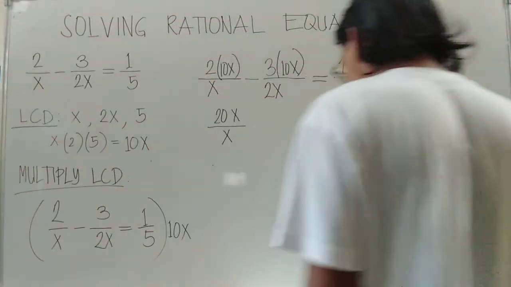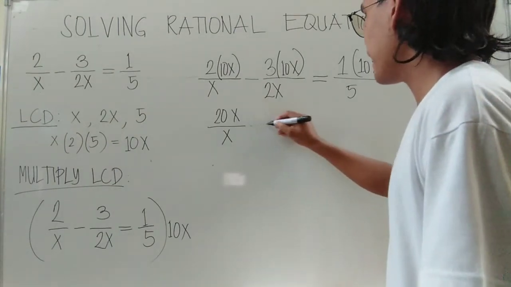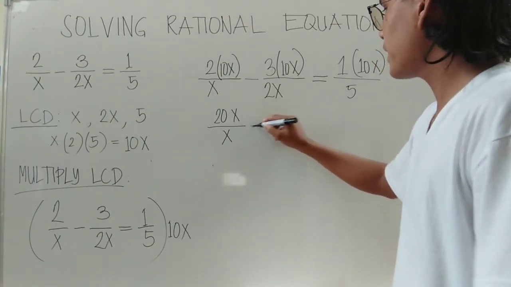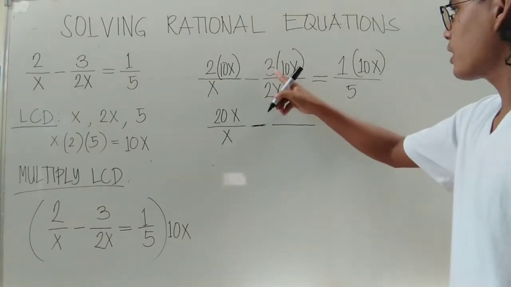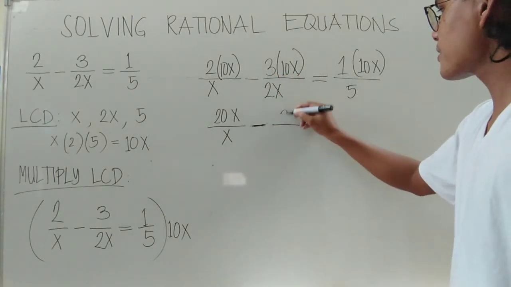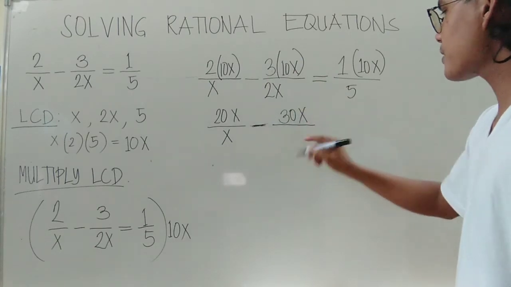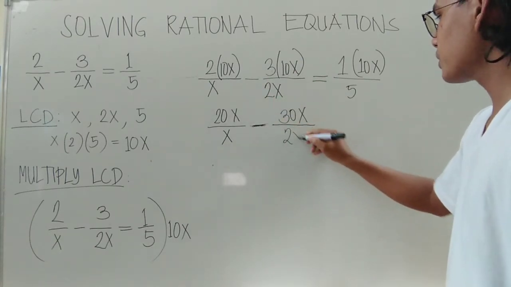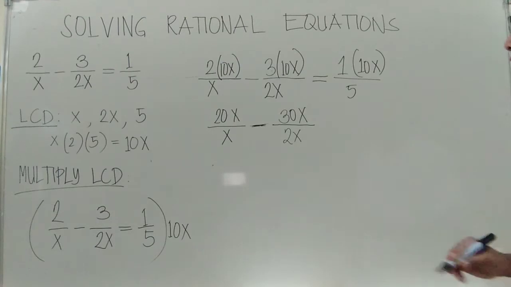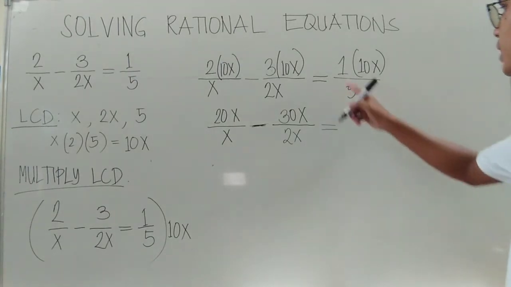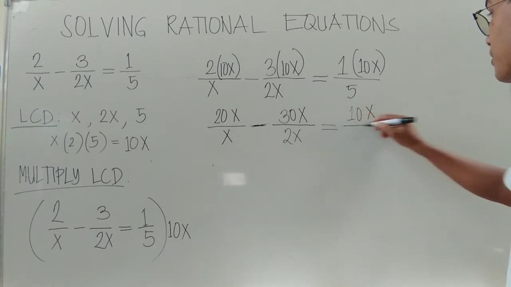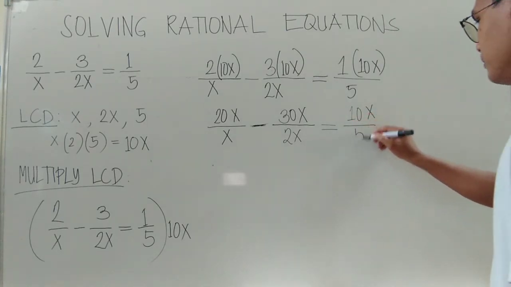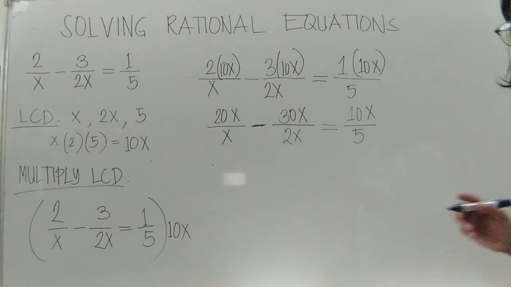Then copying your minus sign, 3 times 10x gives you 30x, then copy your denominator 2x. Then we have 1 times 10x, so we have 10x over 5.